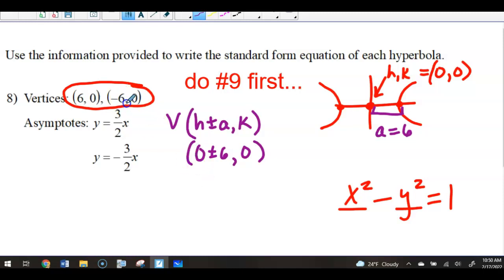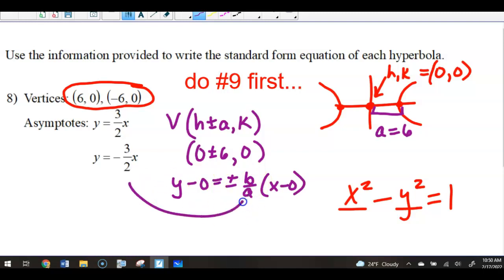But the problem is the slope, y minus 0 equals plus or minus b over a, x minus 0. The b over a is 3 over 2. So the ratio of b over a somehow became 3 over 2, when I know for a fact that a was 6.